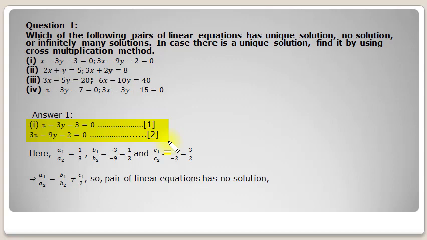We can see that both the equations given to us are in the standard form, a1x plus b1y plus c1 equals 0 and a2x plus b2y plus c2 equals 0. Here, by comparing these two equations with those standard forms, we can find the values of a1, b1, c1 and a2, b2, c2.